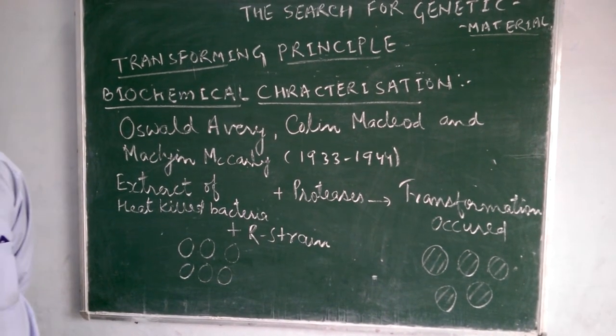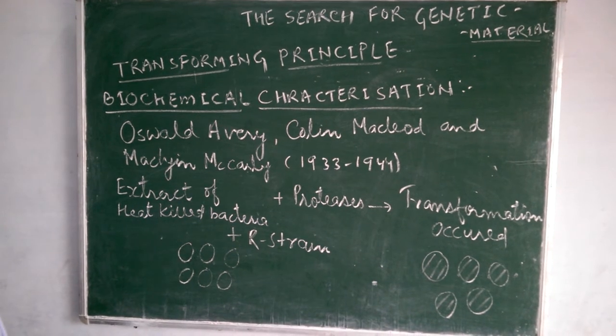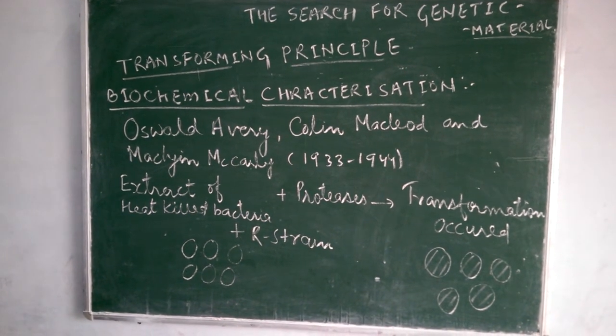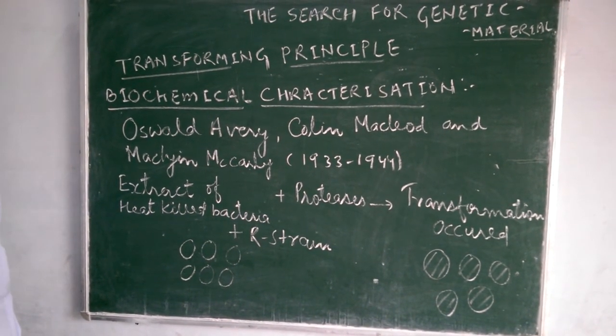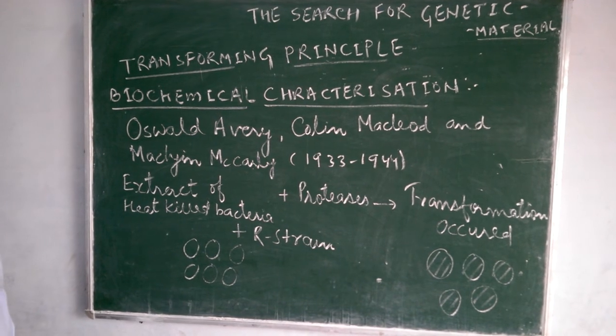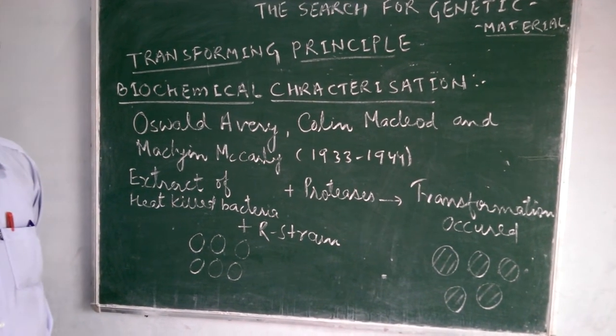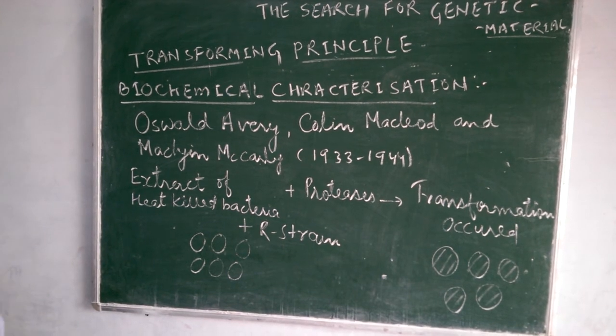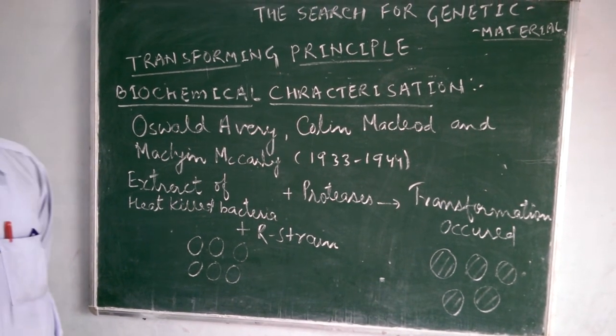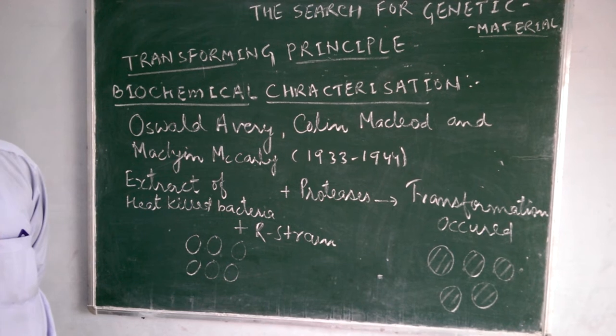Now they did experiments on mice. They took the purified extract of heat-killed bacteria and mixed some R strain bacteria in it. But before this, they treated that extract with the protein-digesting enzyme protease.